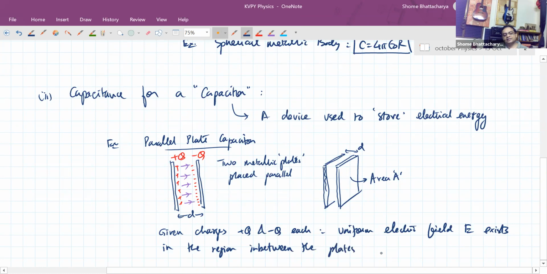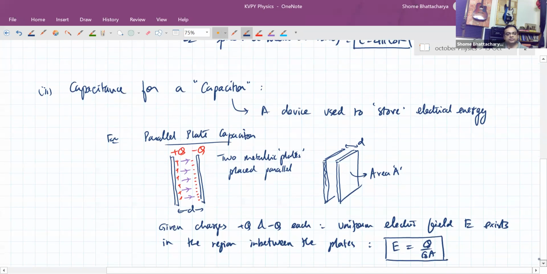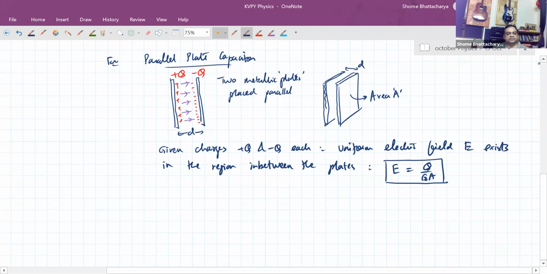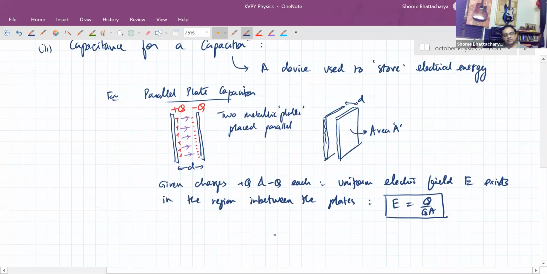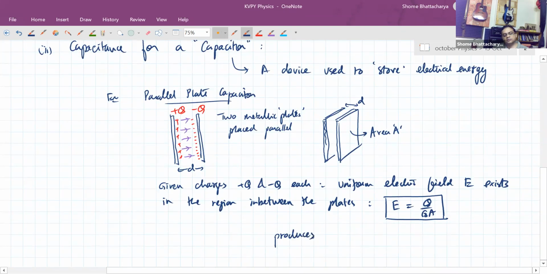Okay. And this electric field is given by the formula Q upon epsilon naught A, where Q is the magnitude of charge given to each of the plates and A is the area of each of the plates. So this electric field produces a potential difference.